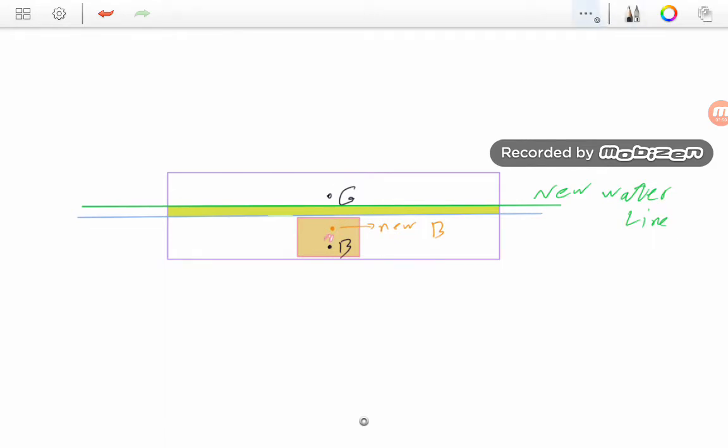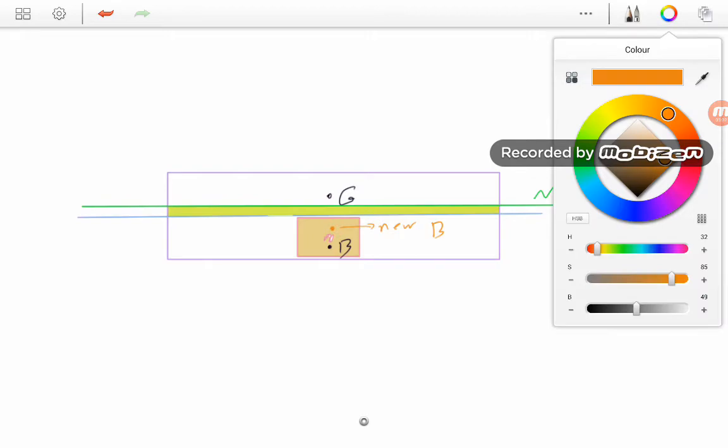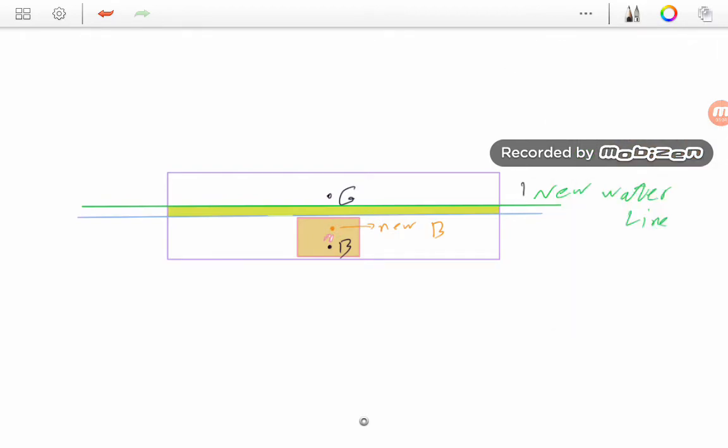What we want to find is this one, which is how much the vessel has sunk.